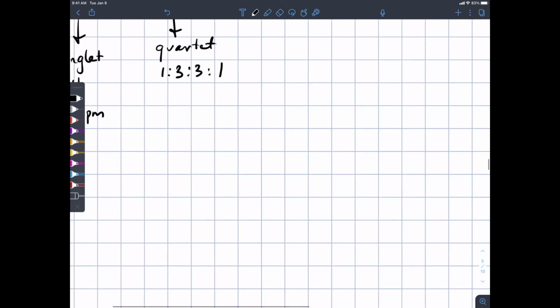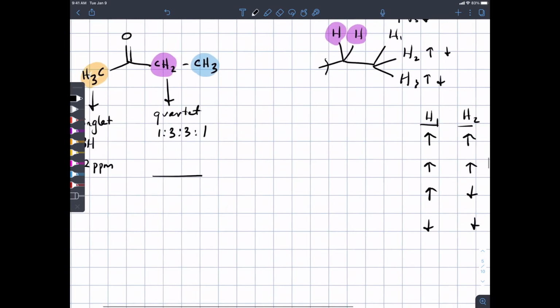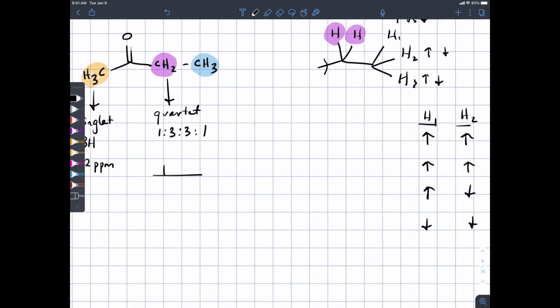In other words, if we were to zoom in on purple proton, we would see a peak that looked like this. And the distance between each of those peaks is the coupling constant. If we call this proton B and C, this would be the coupling constant between B and C.